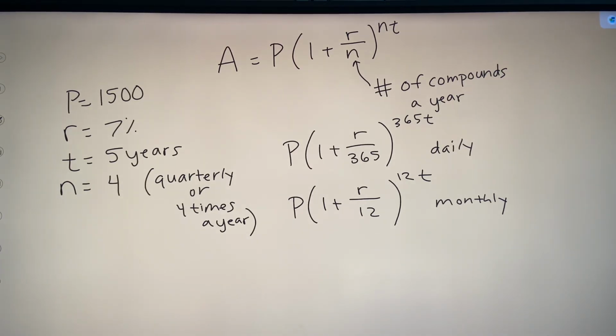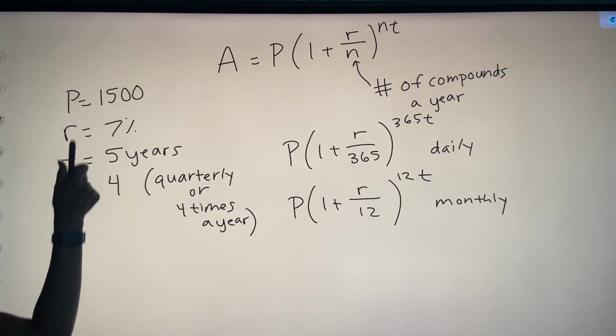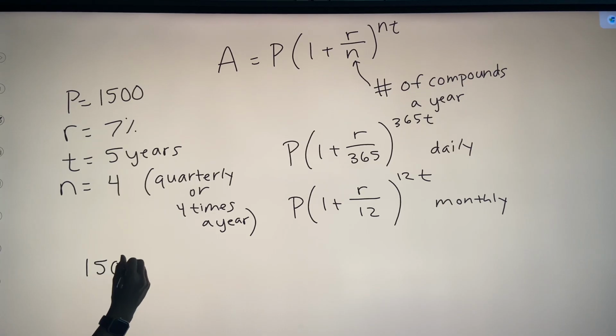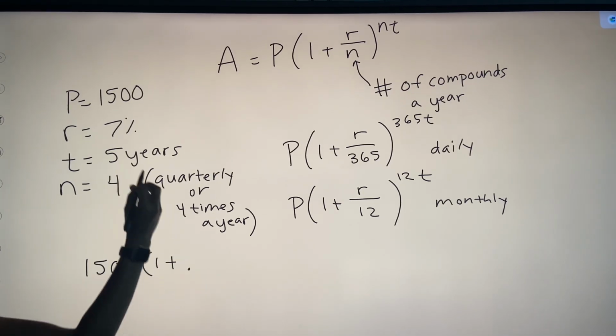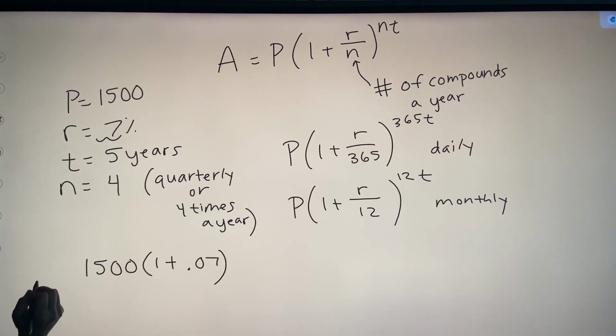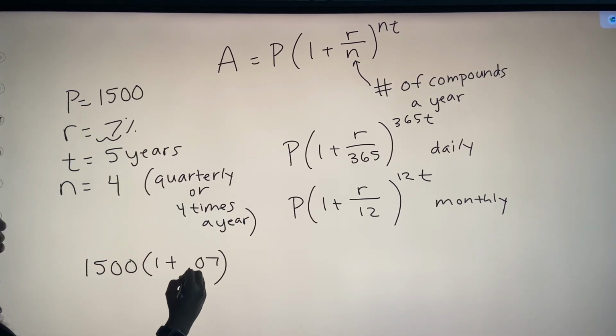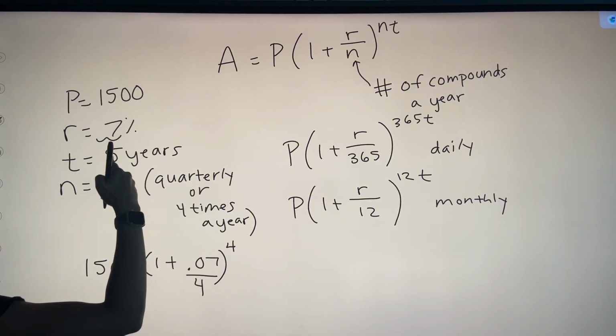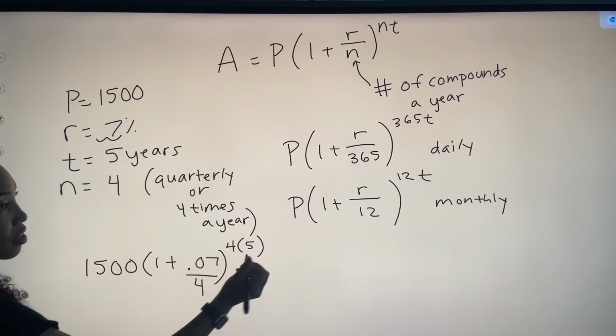Okay, so this is what you're gonna put into your calculator. Your principal, that's 1,500. Your rate as a decimal, move it over twice, you get 0.07. Your n is 4, so it has to be divided by 4. You have 4 up here, and your time is 5.